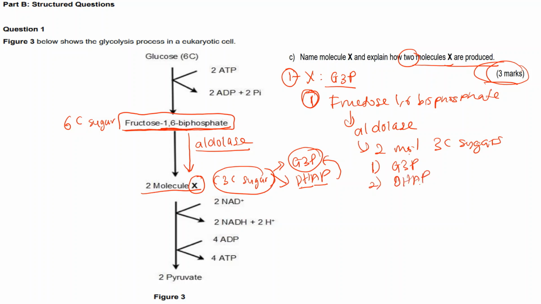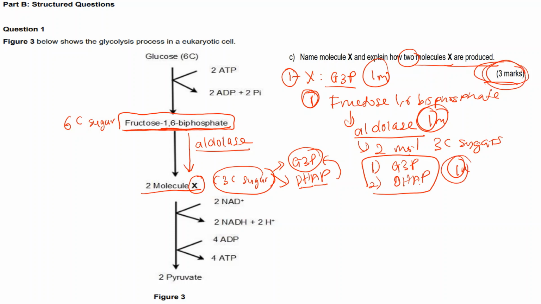That is for the first mark. You have to mention the enzyme aldolase, and then the products, which are G3P and DHAP. So first mark, second mark, third mark. So you gain 3 marks.